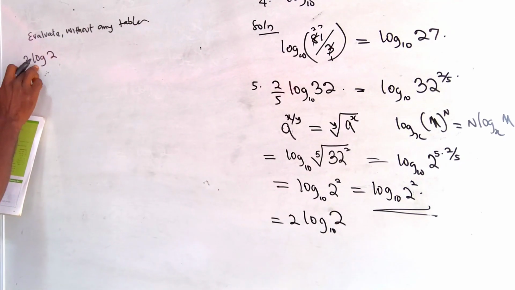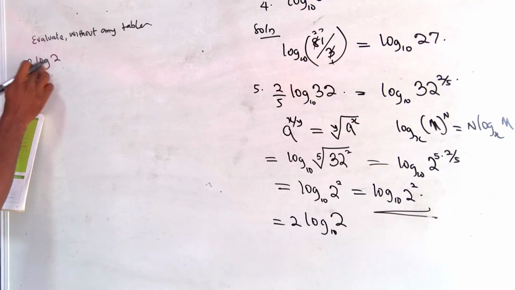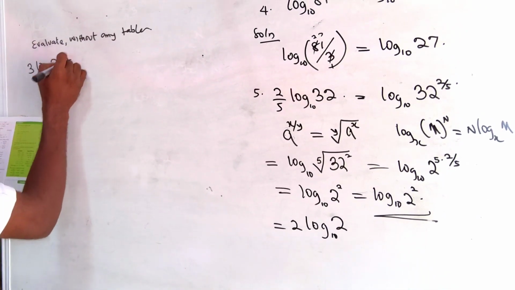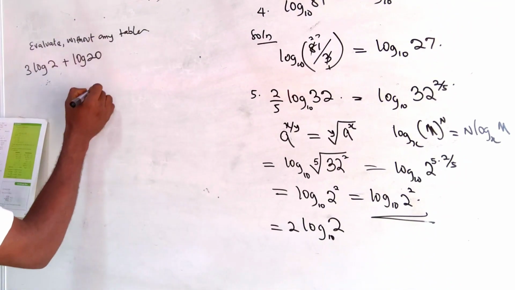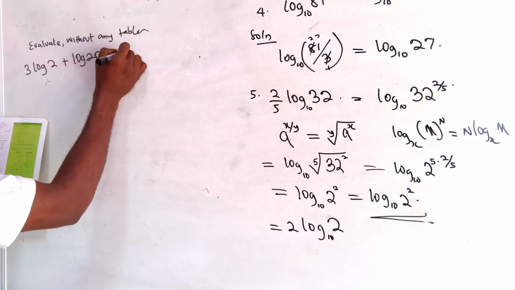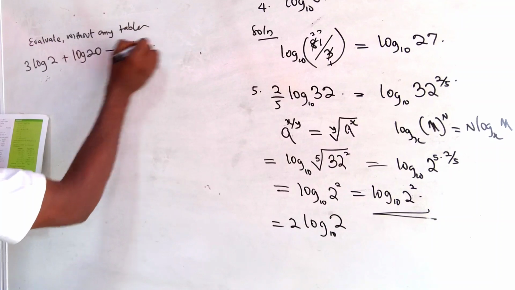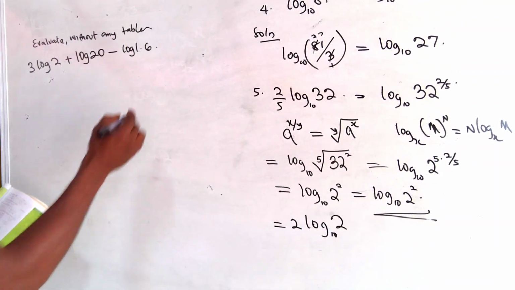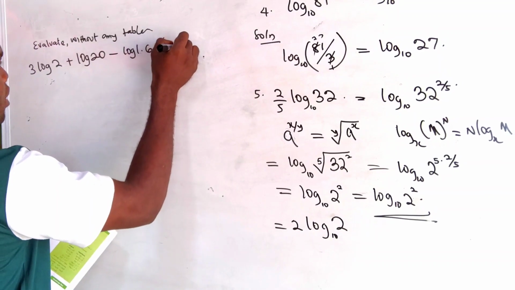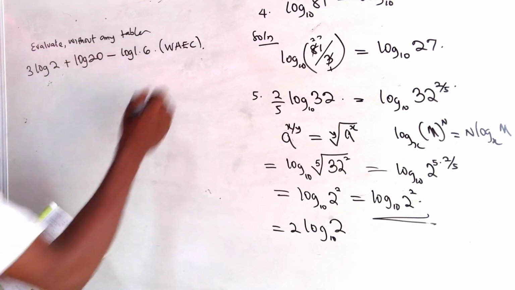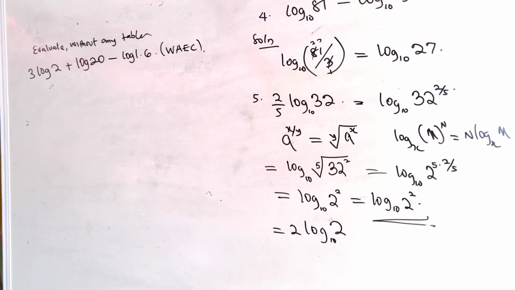Remember I said if you don't have any base, it simply means it is base 10. Plus log 20 minus log 1.6. The year is not there, but it's a WAEC question.